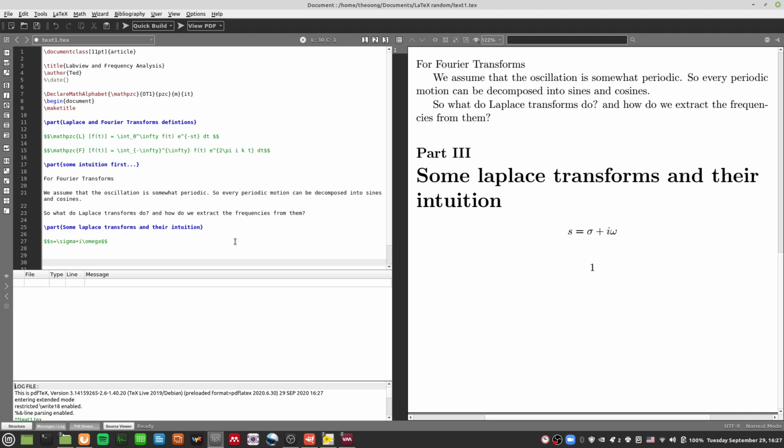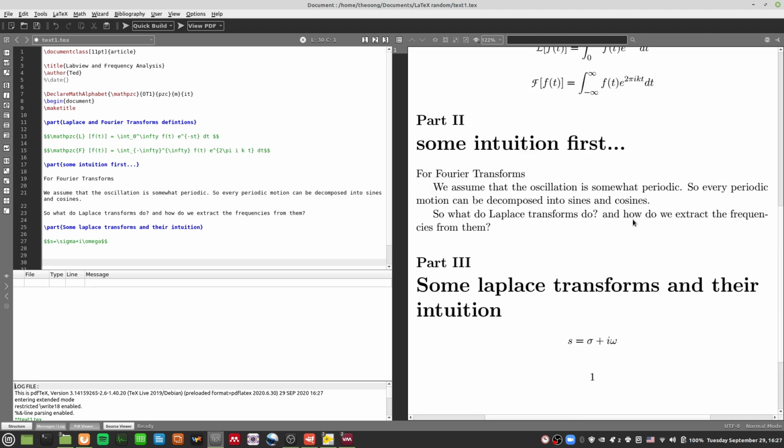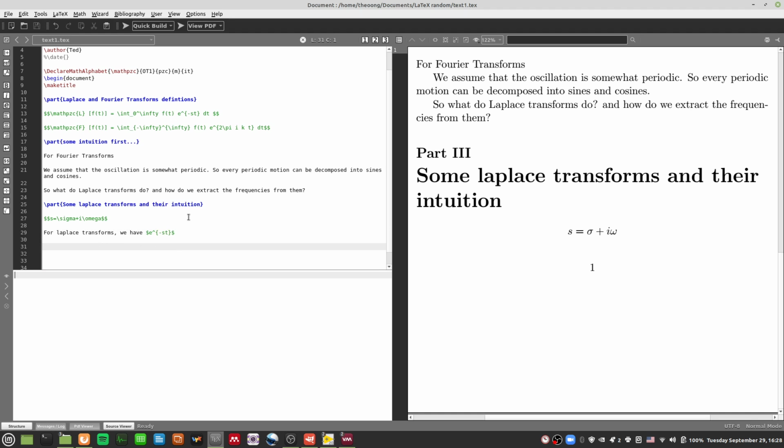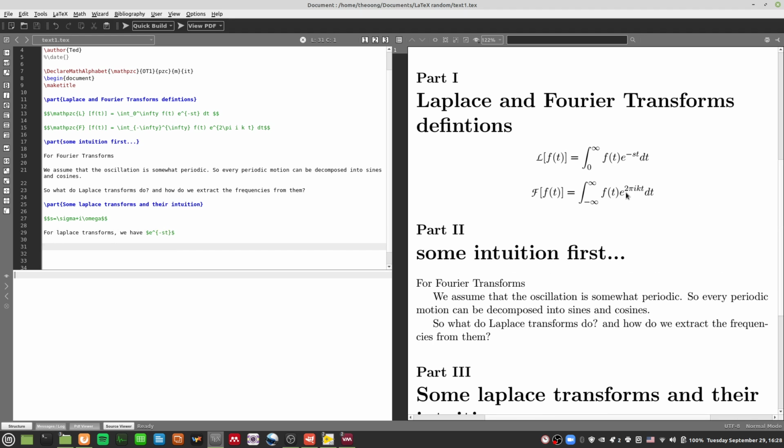How does this actually go in? Remember, for Laplace transforms we have an e to the minus st, whereas for Fourier transforms we have e to the 2 pi ikt.